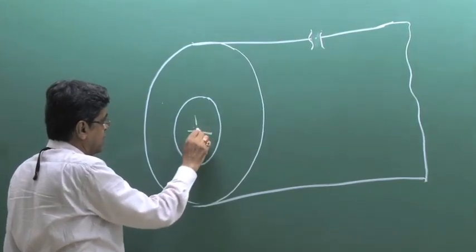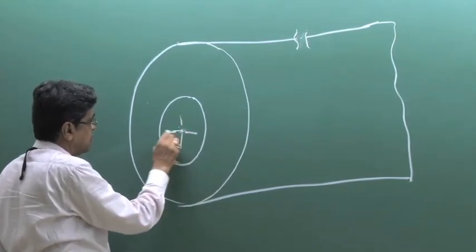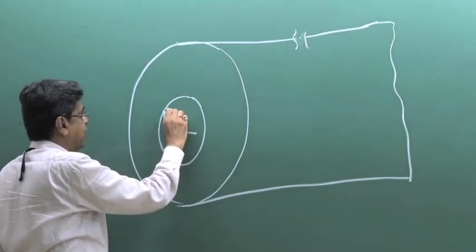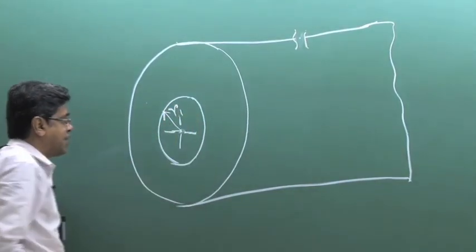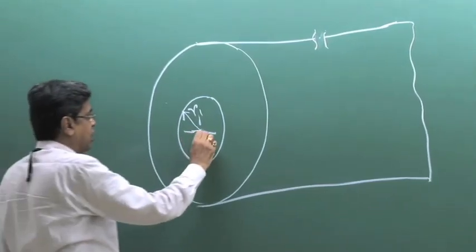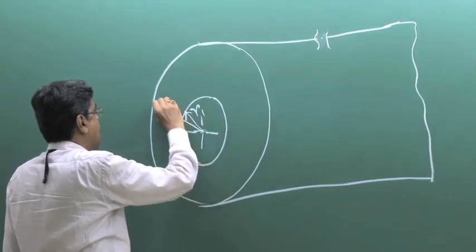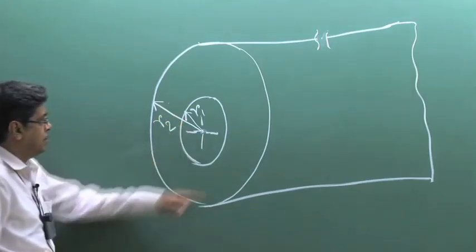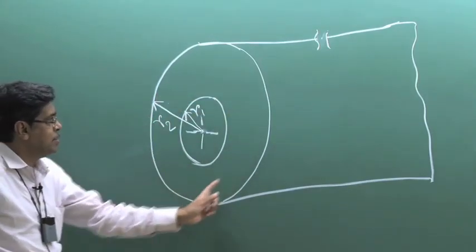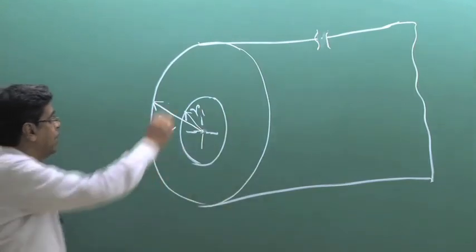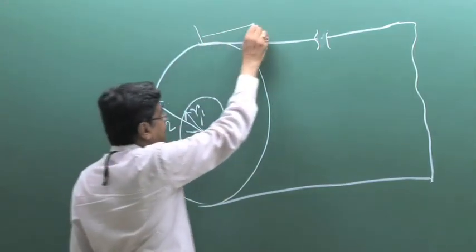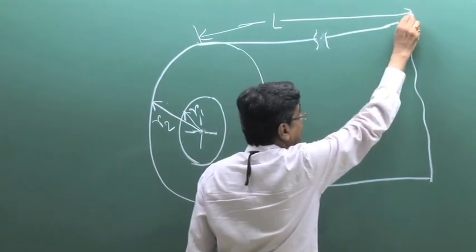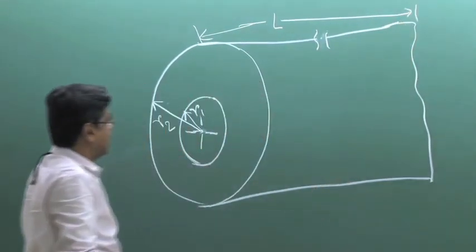Let this be the center, a cylindrical tube with inside radius R1 and outside radius R2. That means this portion is the solid cylindrical wall, and the length of this cylinder is L.